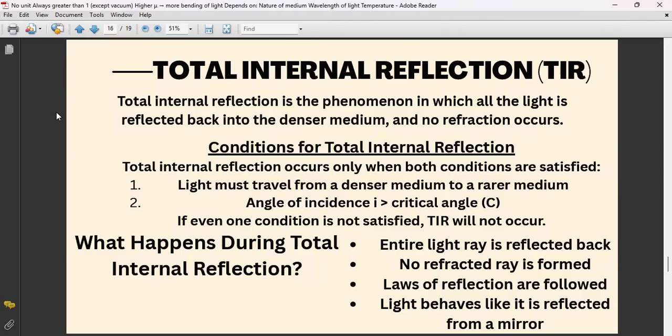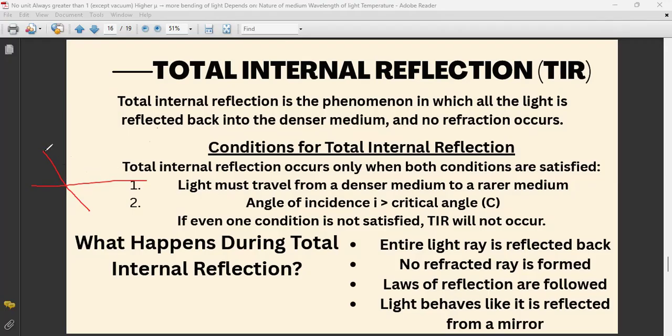Now, total internal reflection. Total internal reflection is a phenomenon in which light is reflected back into the denser medium and no refraction occurs. So we were seeing the diagram again, which we saw on the last slide, that some light rays were getting refracted and some portion was getting reflected, till the point when the light rays were moving along the same path.